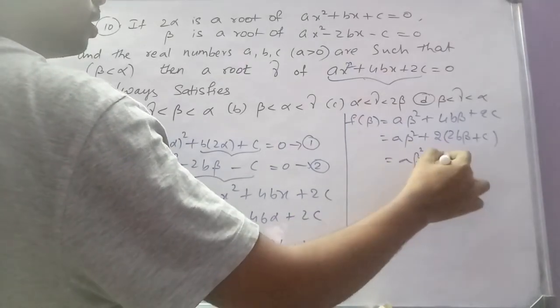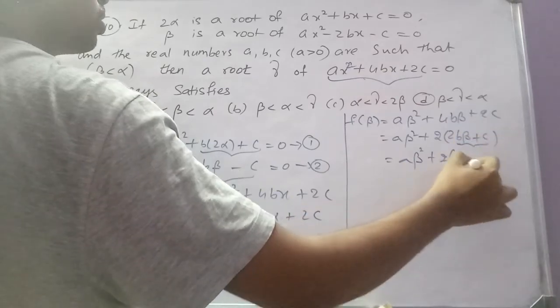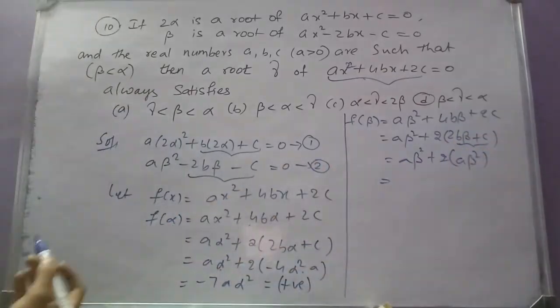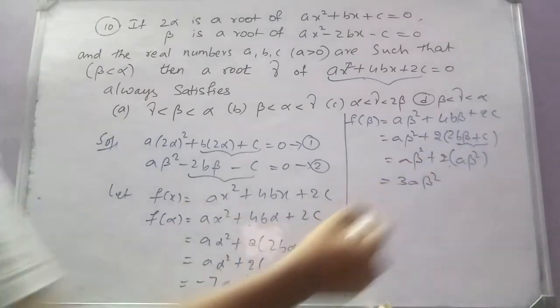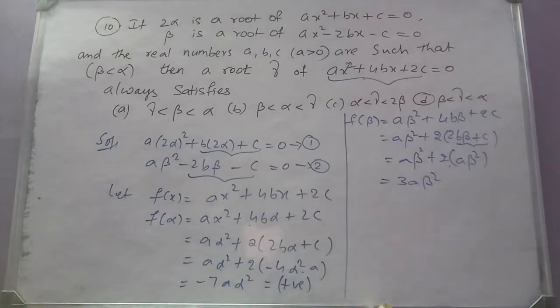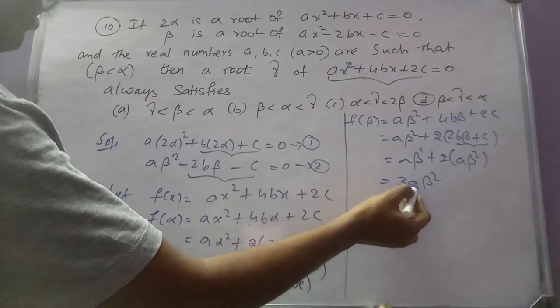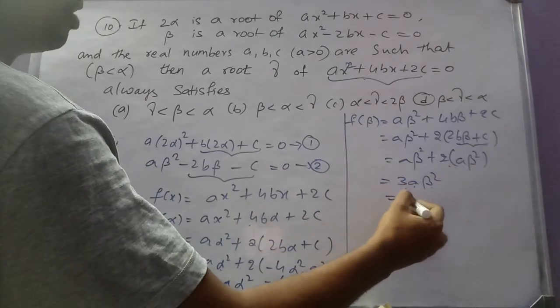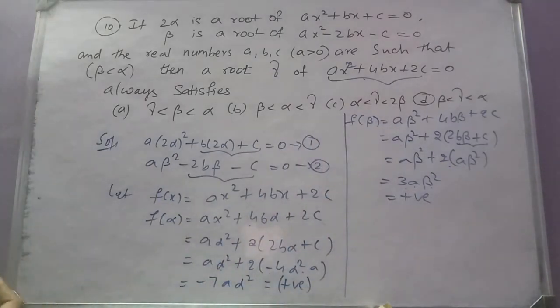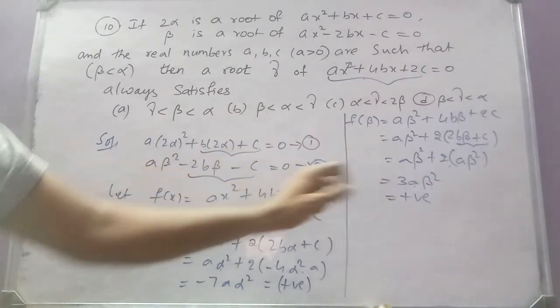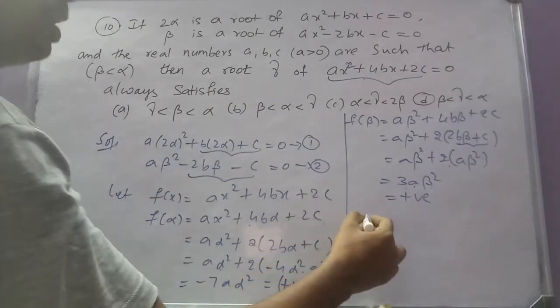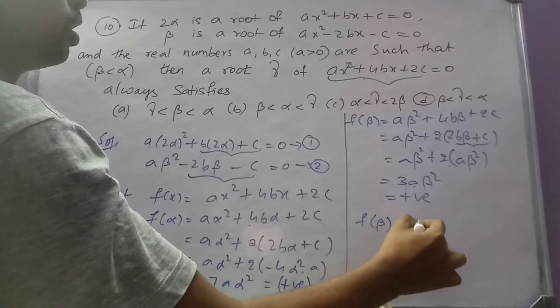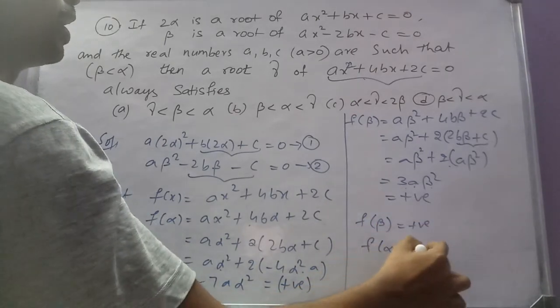So a beta square plus 2a beta square is 3a beta square. So f of beta is equal to 3a beta square. Positive into positive into positive, this is going to be positive. So observe that, dear students, f of beta is positive, whereas f of alpha is negative.